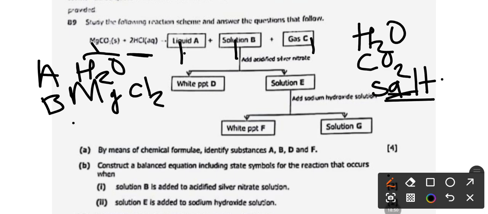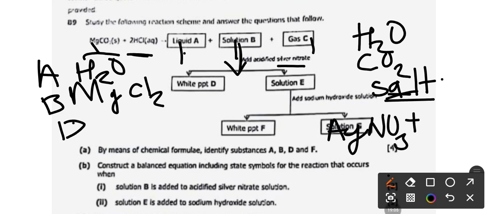Then D. We would observe here that when we add silver nitrate plus magnesium chloride, a white precipitate is formed.